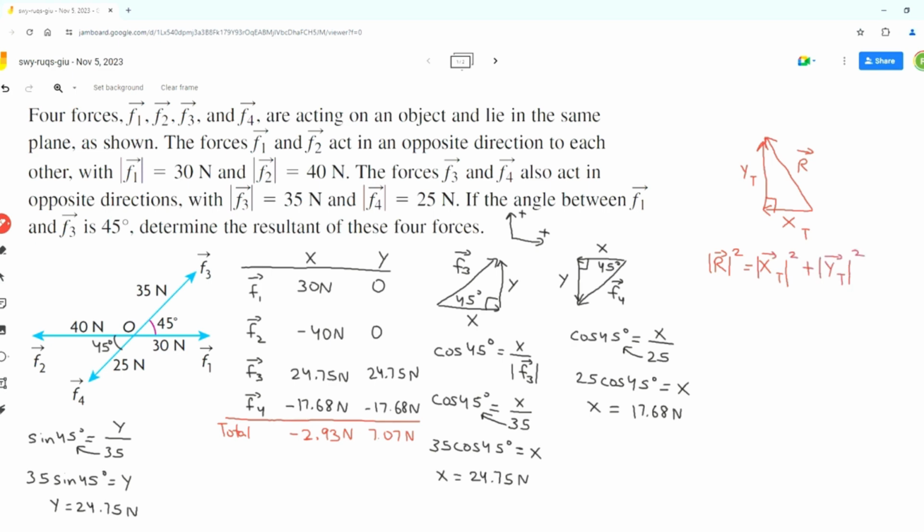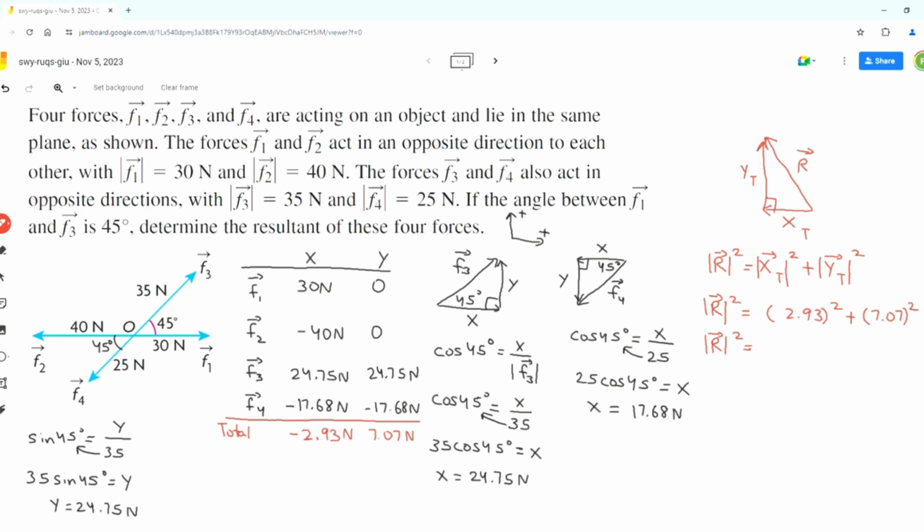So xt and yt represent the totals for the x and y components. Now we can square these terms and add the result.